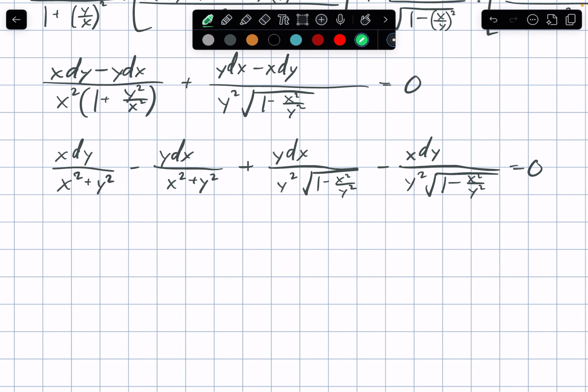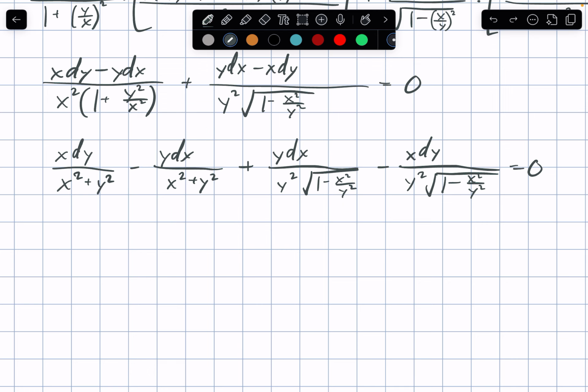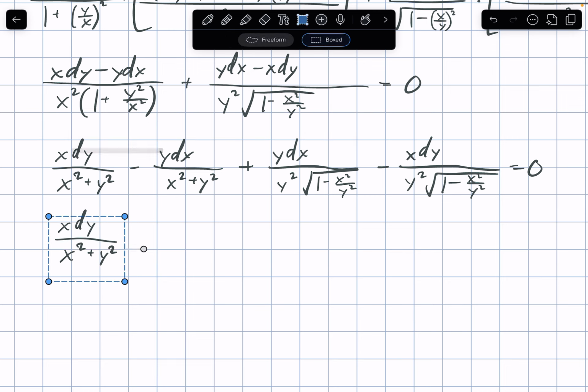And then you bring these together. So it's going to look something like, let's have dy first. x dy. Let's bring them close.